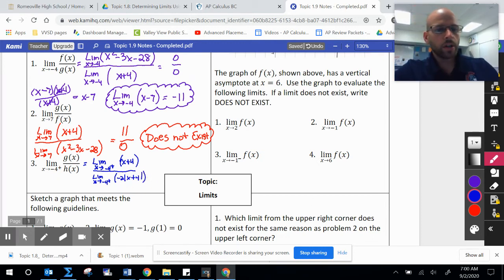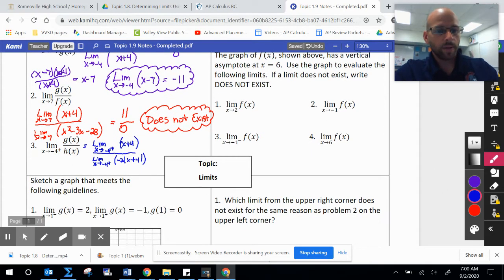Now, we learned in an earlier section how to deal with these absolute values. If I'm going from the right, then I'm going to use the positive version of that x plus 4. So ultimately, this does come out to be 0 over 0. It's indeterminate, but I need to use a form that's going to be a little better.